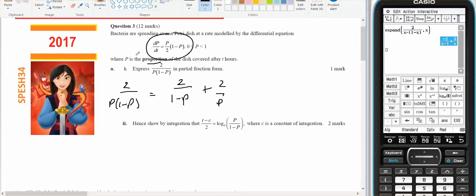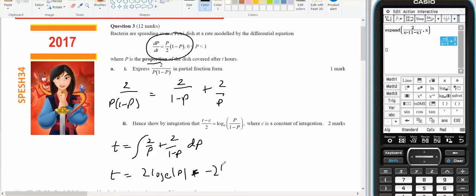So if I turn this upside down, I've got t equals the integral dp of 2 on p plus 2 on 1 minus p, therefore t equals 2 log base e of p minus 2 log base e of 1 minus p.